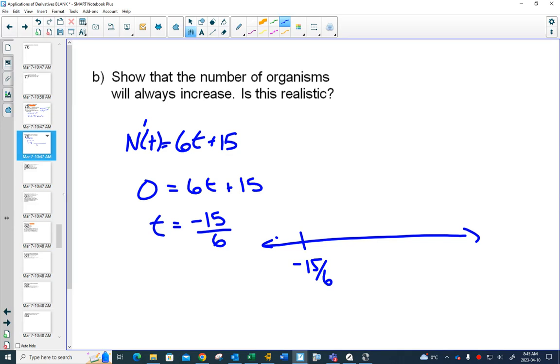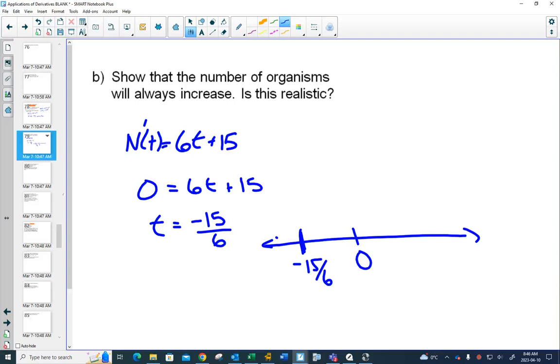Now, negative 15 over 6 is actually lower than our domain, because our initial amount would be at time 0. So often in these equations, since it's a real-life equation, you have to think about the context. Yes, the only number that is on your critical values is negative 15 over 6.